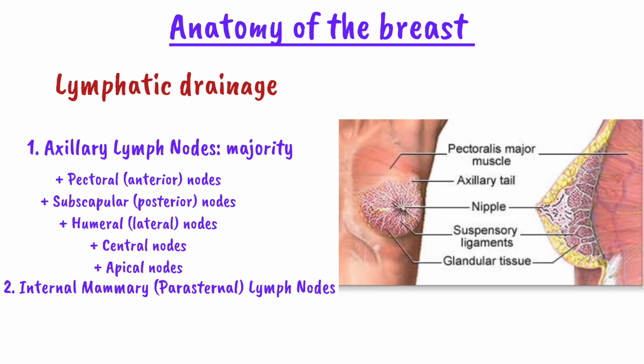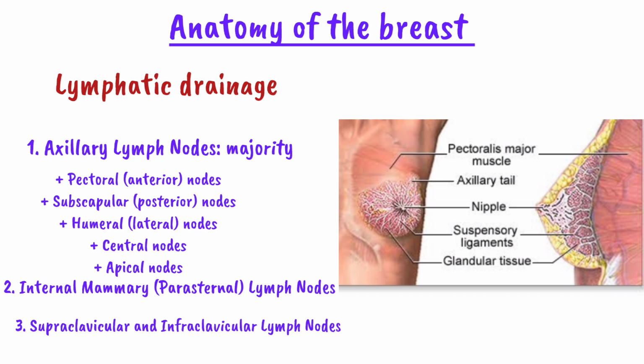Then number 3 is the supraclavicular and the infraclavicular lymph nodes. These nodes receive lymph from both the axillary and the internal mammary nodes, and they serve as a potential site for metastasis. So the lymphatic drainage pattern is clinically significant because breast cancers can spread through these channels, leading to regional or distant metastasis.